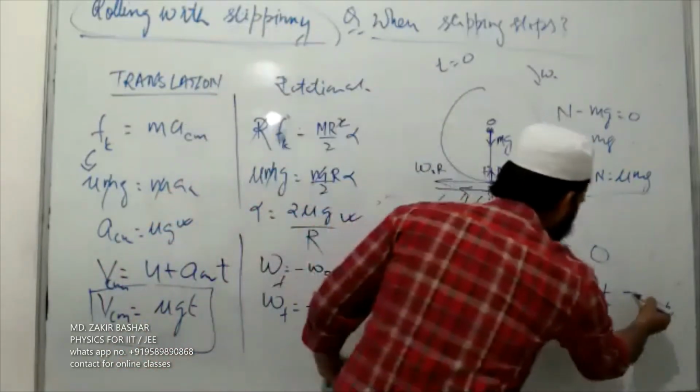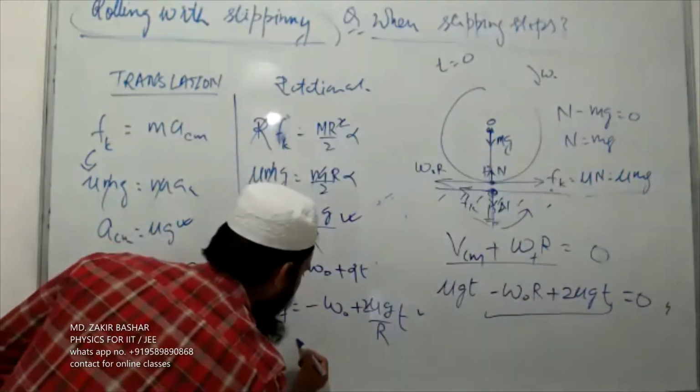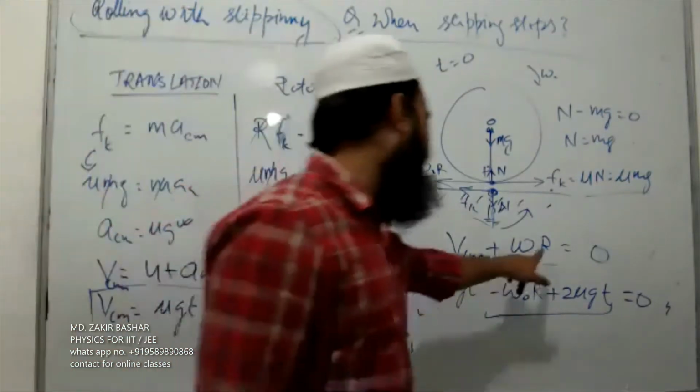This will be equal to 0. Is it clear? With multiplying with R.